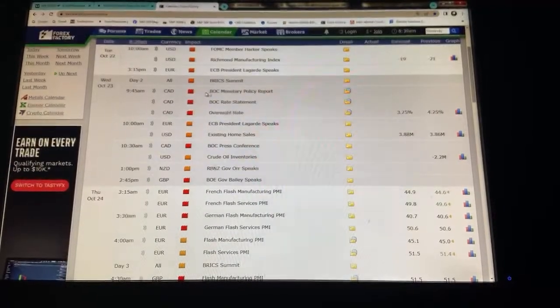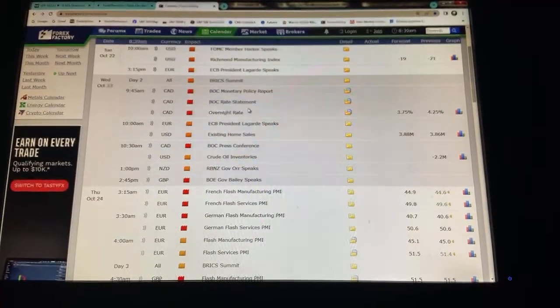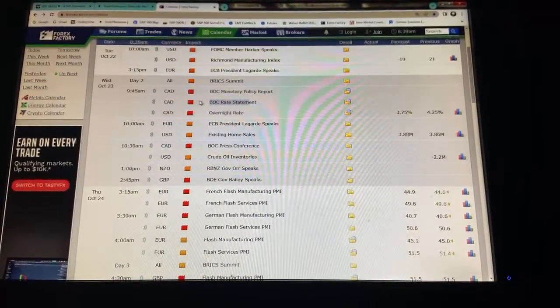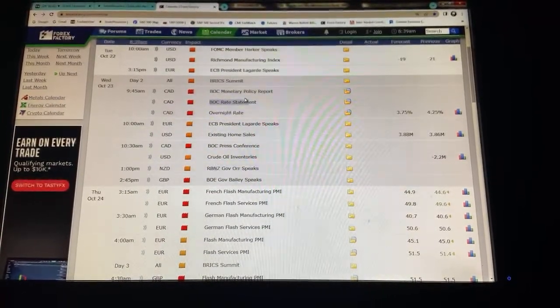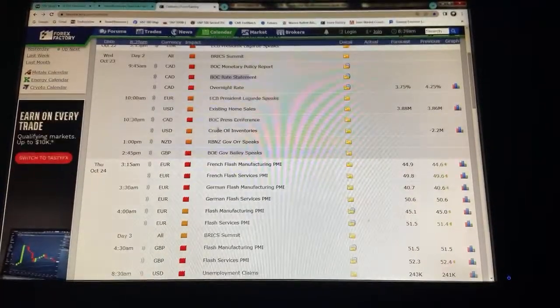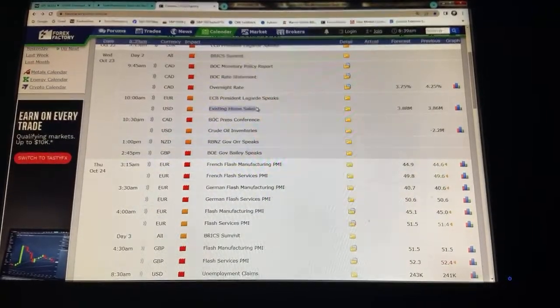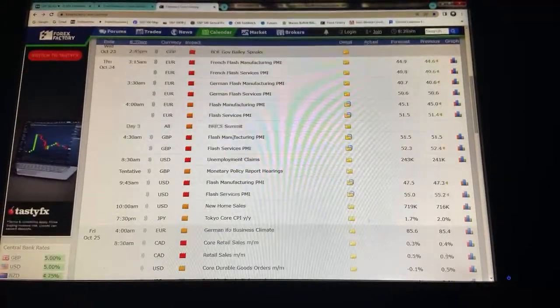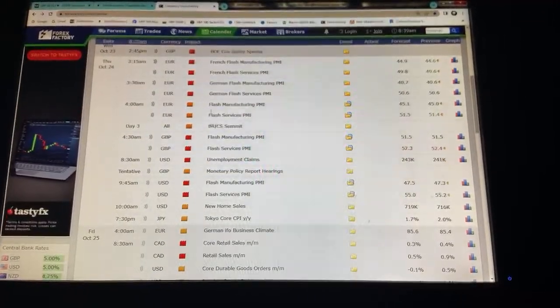We do trade forex. I love trading forex. I swing trade and long-term trade forex. Make sure you understand that we have the monetary policy for Canada, Bank of Canada, tomorrow. And again, tomorrow for the U.S., nothing too crazy. Existing home sales, not major market moving, but it's something. That brings us to Thursday.